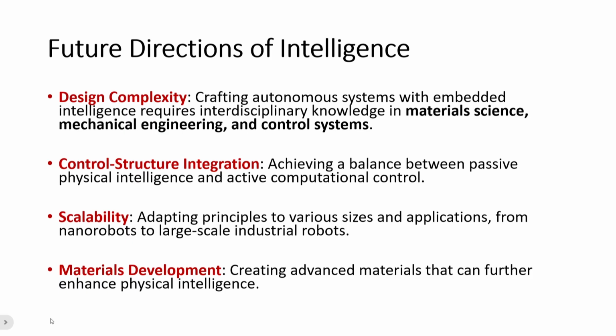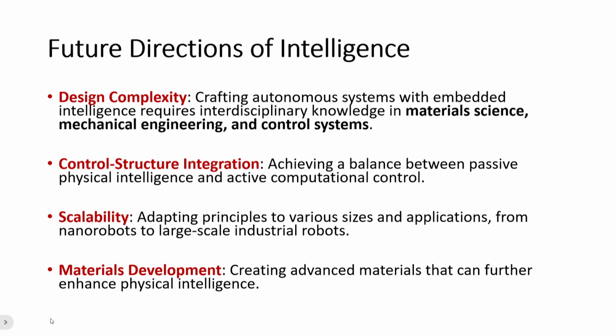The knowledge of material science, mechanical engineering and control system has to merge together. Then there is the issue of what we call control structure integration. So, you need to have a balance between how much computational control and how much structural control you will be able to have in a system.